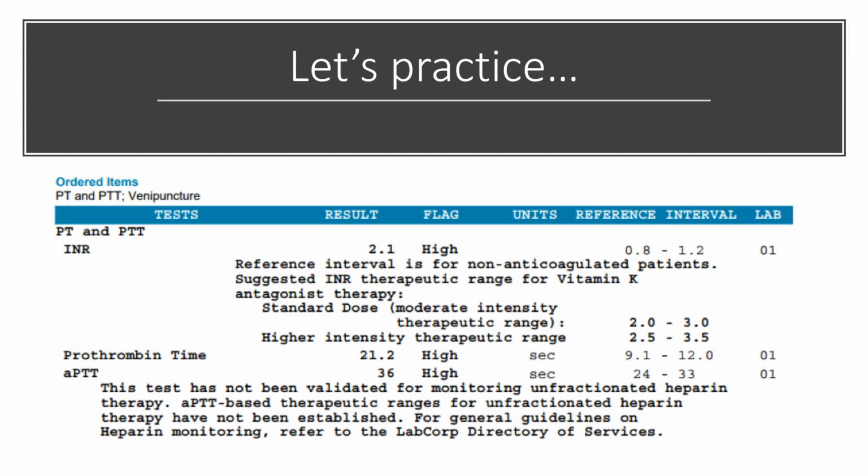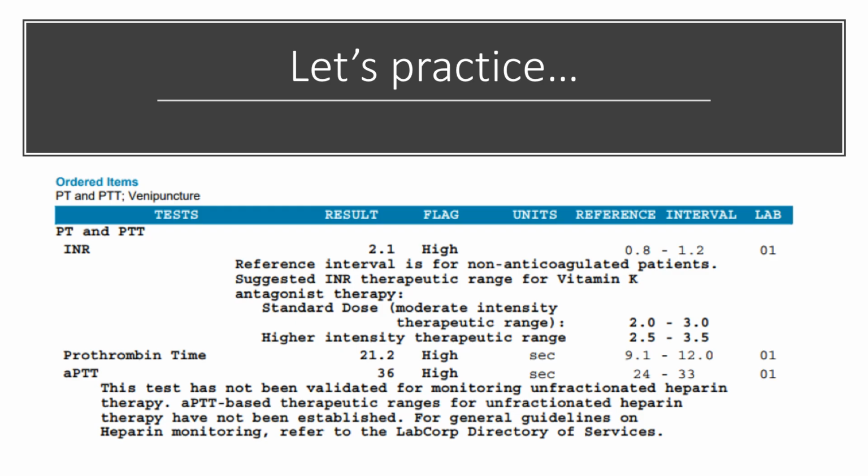So this is an example of labs of a PTT and INR. So keep in mind that anytime a patient is on an anticoagulant, their PT, PTT, and INR are going to be elevated. What we are looking at in particular is based on the anticoagulant that we're using.